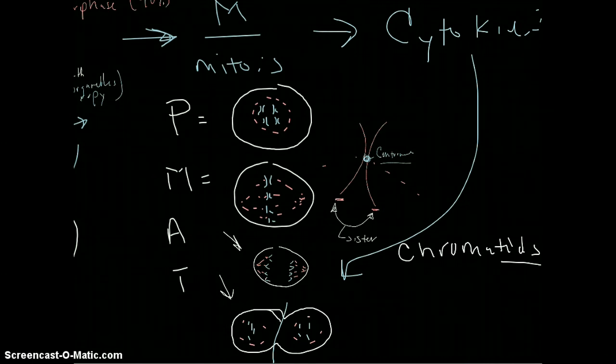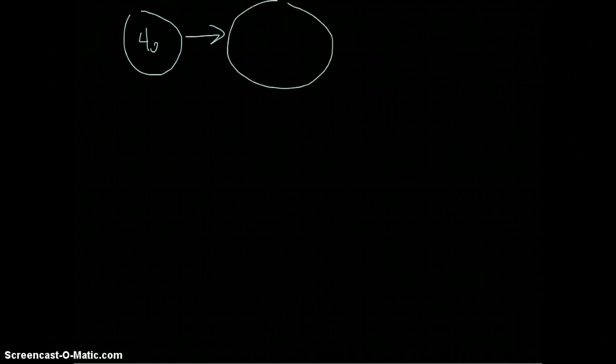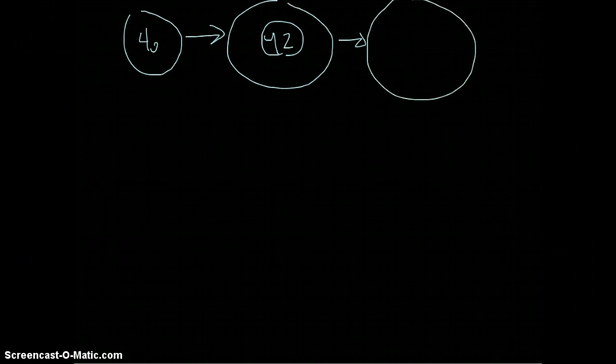Okay? So if we were to draw that out again, we had our one cell. We started out with a cell with 46 in there. After the S part of interphase, the cell is getting bigger. Now we have 92 chromosomes stuffed in there. It's going to get through G2, still 92. We don't want to stay that big anymore. We need to split it into two cells.